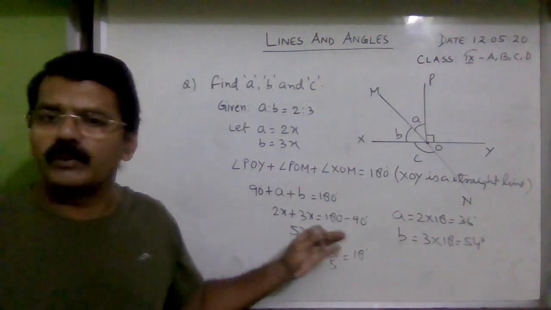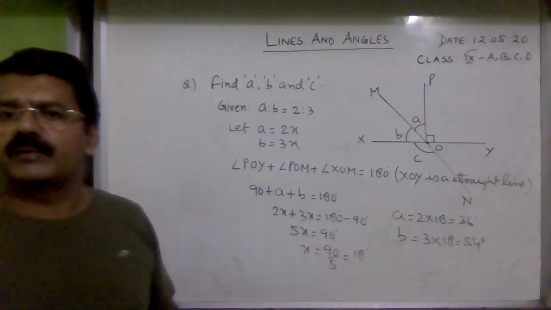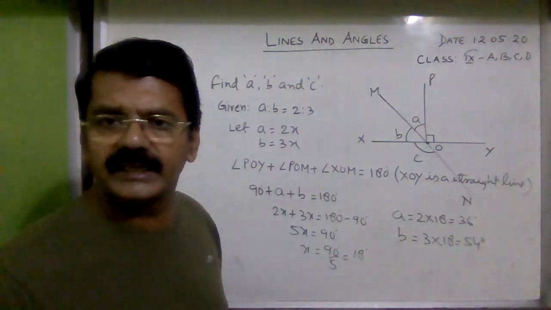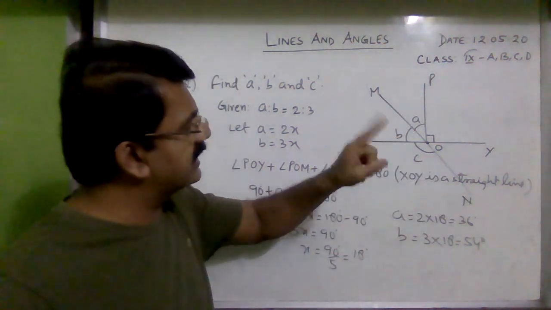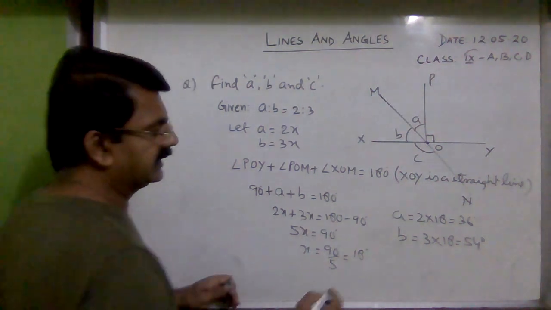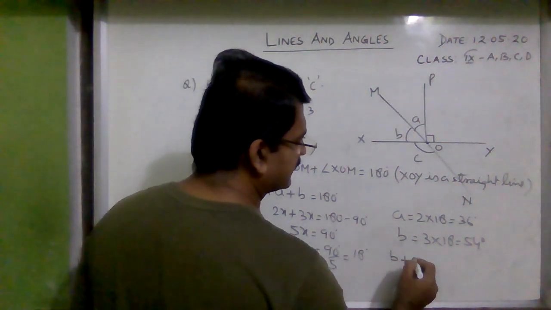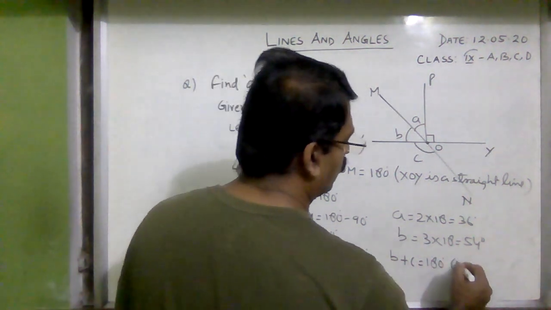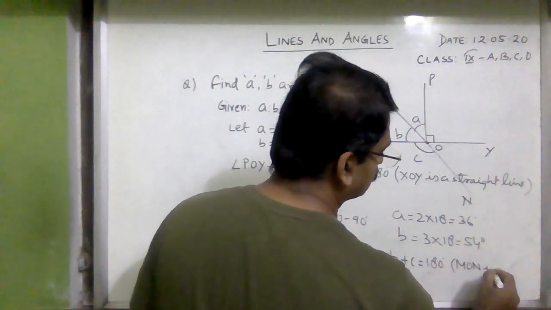So we have already found A and B, and now we have to find C. Now you see, MON is also a straight line. That means according to axiom 1, B plus C must be equal to 180. So you write down B plus C is equal to 180. Reason you write, MON is a straight line.